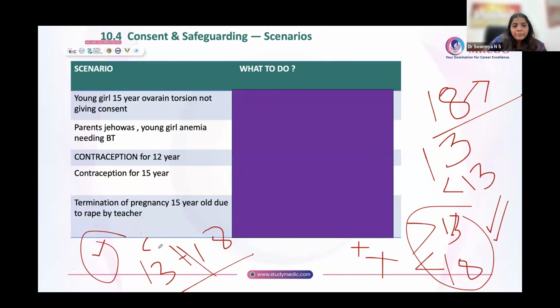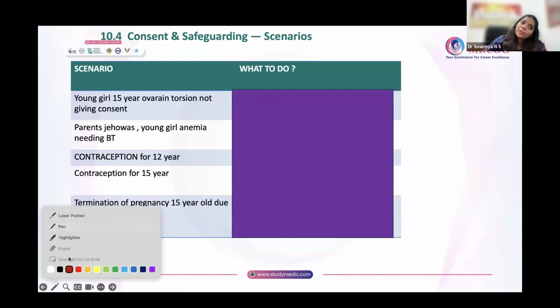If you have a stepfather and a biological mother, always the biological mother is the one whom you will listen to. There could be a situation where the parents don't agree. Then, emergency, it's always the rule: emergency, two consultants; elective, court order. We will repeat this again and again, don't worry.